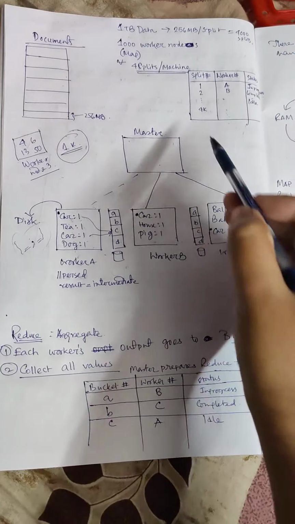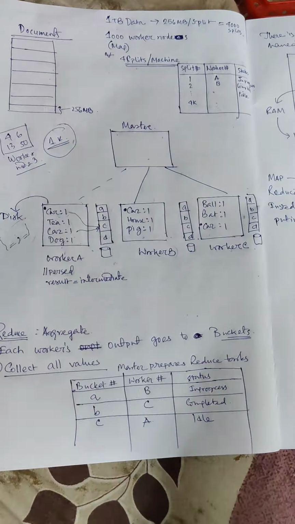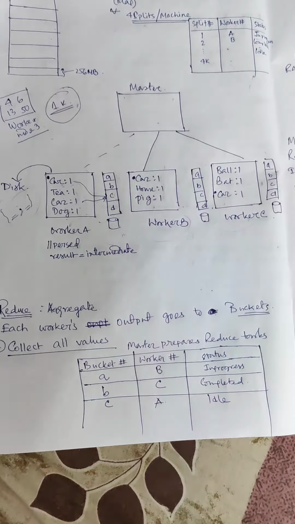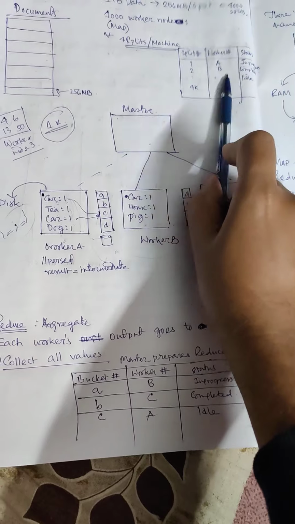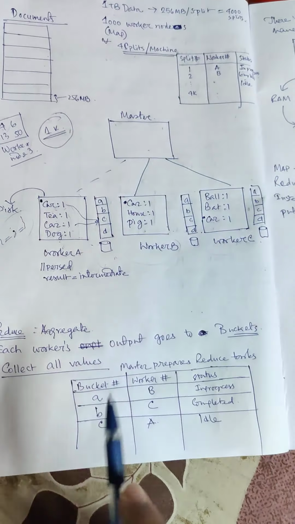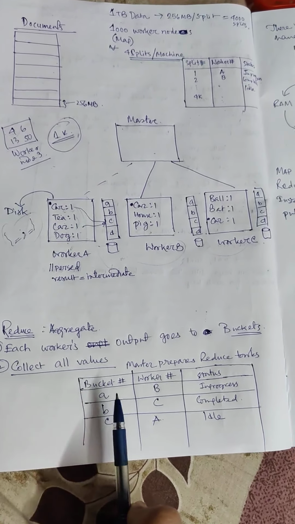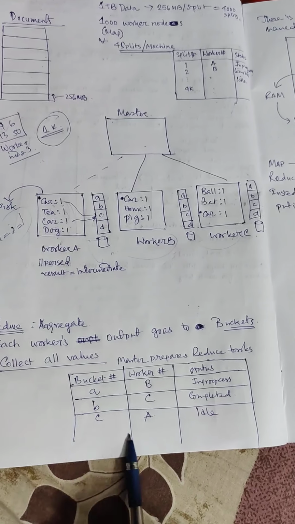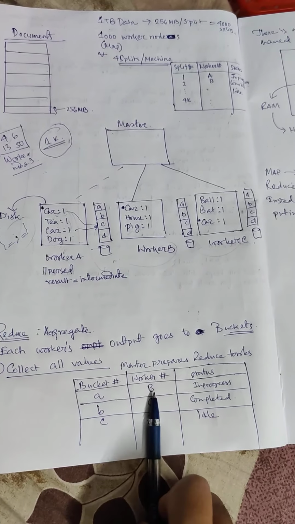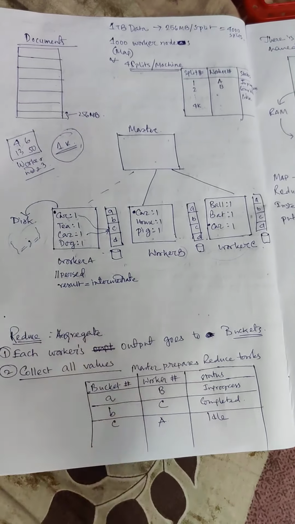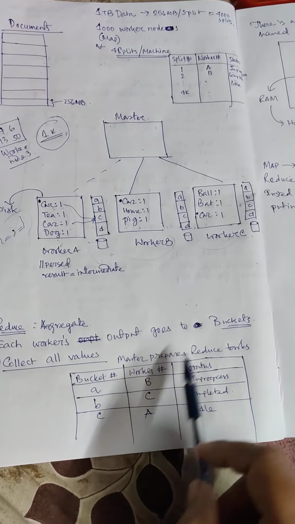Now the master creates another table, and that table becomes very handy for the reduce stage. That table has the same information, but instead of splits, it has buckets. So it lists buckets A, B, C, D, which bucket is associated with which worker, and what stage that worker is in. Is it completed? Is it in progress?